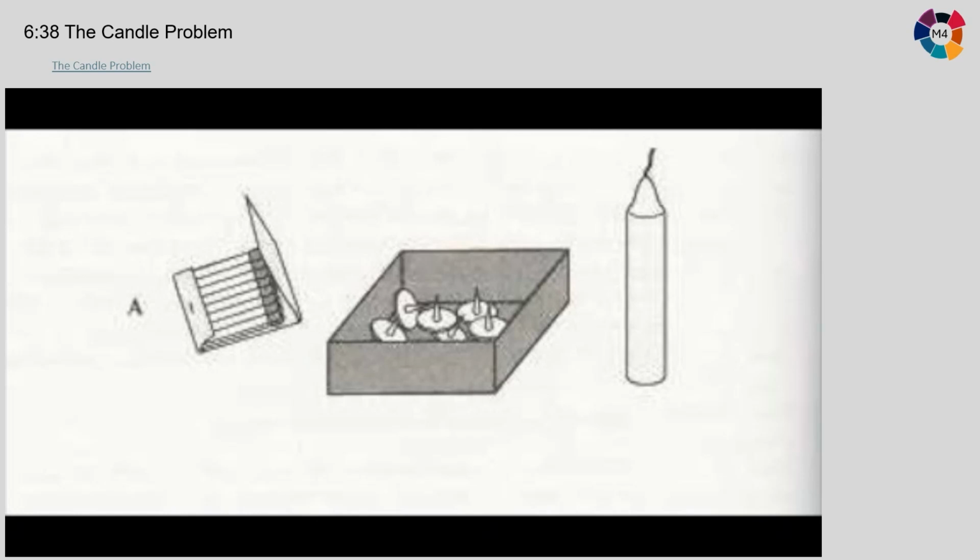But younger kids are very quick, below the age of 6 really. Kids 6 or younger are very quick to dump the tacks out of the box, look at the box as a separate tool, and then solve the problem by tacking the box to the wall and putting the candle in the box.